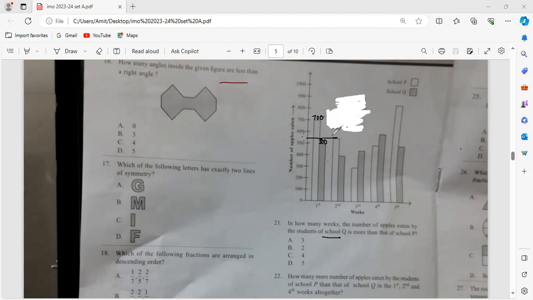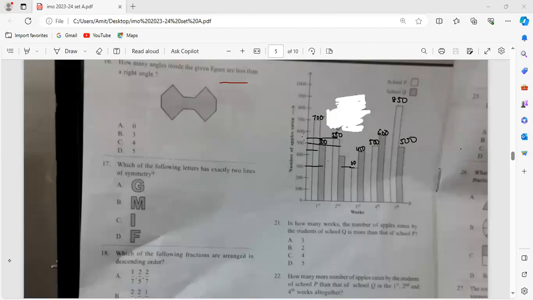This is around 550, this is 400, this is 300, this is 450. So the answer here is option D. Let's move on to the next question.